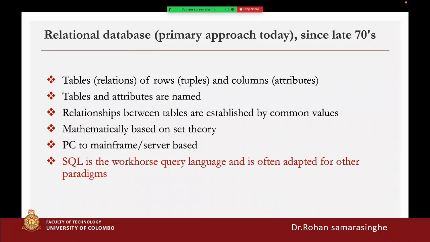This is very, very important, because columns represent the attributes, that is, the characteristics. For example, if you want to store student information in a table, you will store the student first name, last name, date of birth, age, address, telephone numbers, likewise. Those are called attributes.